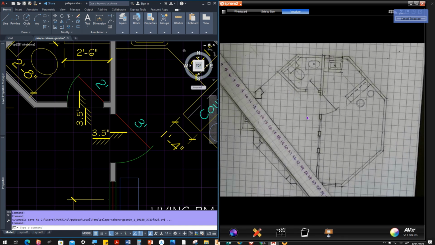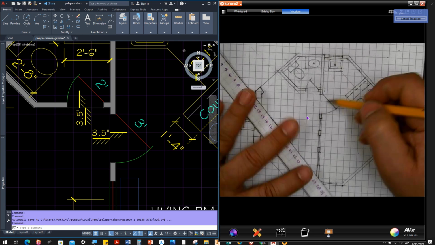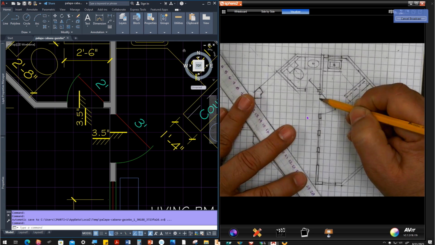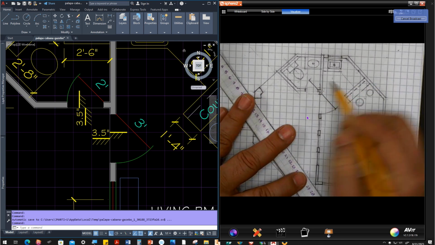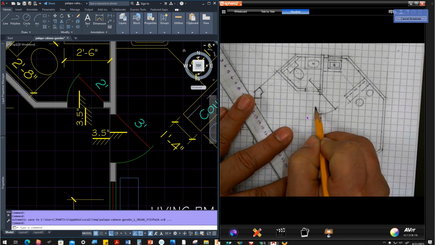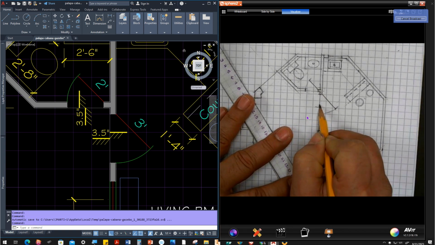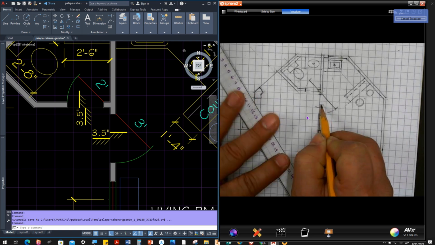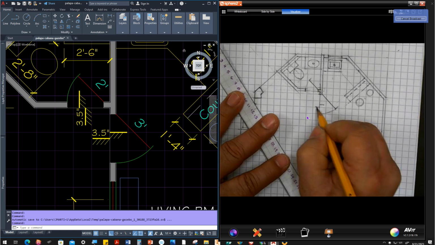You draw a sharp line, one line here, and one line approximately 4 or 6 inches above. It's just a representation of one step, and then three lines representing the ground, and then the height, 3.5 inches.